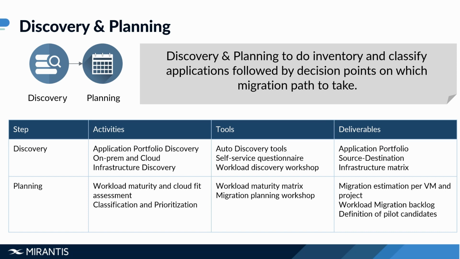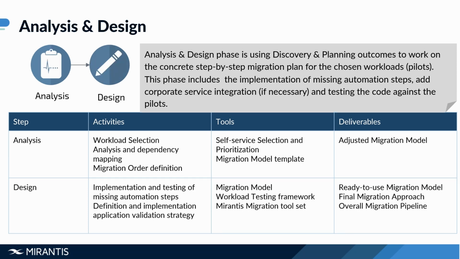For instance, as I already mentioned at the beginning, when you have an external service like a database as a service, email as a service, backup as a service, whatever, right? This particular part should be available on the target side as well. Otherwise, if a workload relies on that, the migration will fail for sure. So that means the validation will fail, and the application will not run on the target site till this service is available.